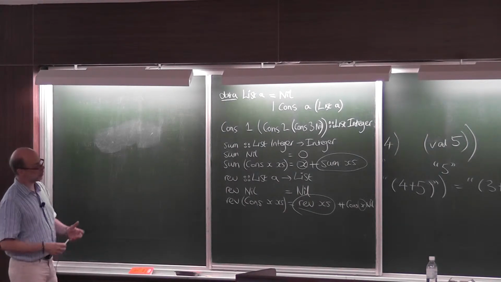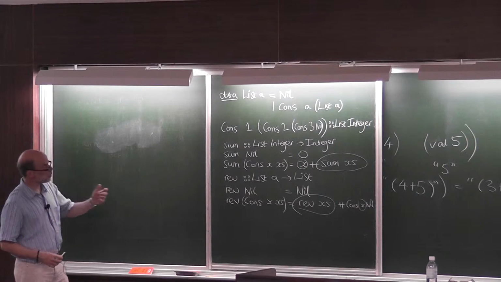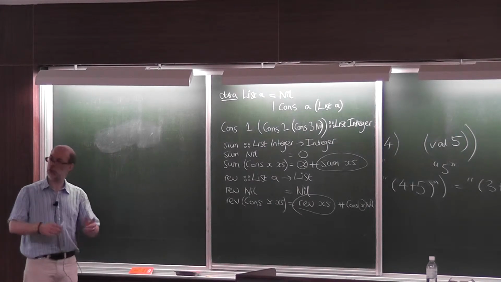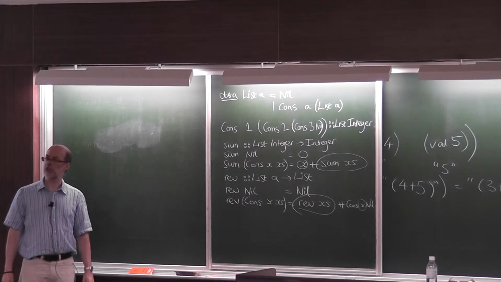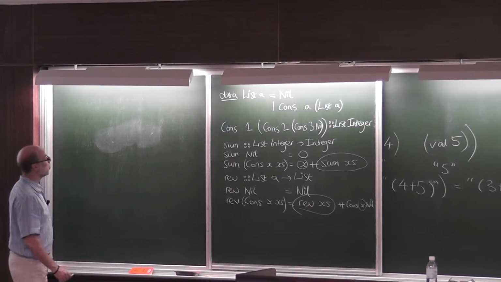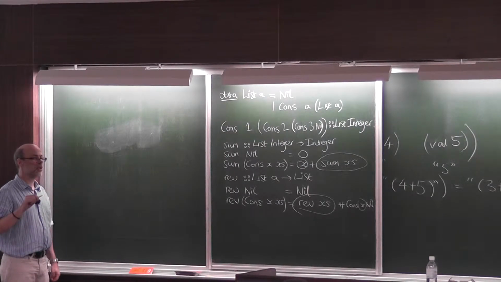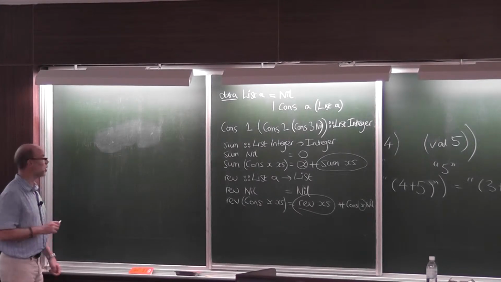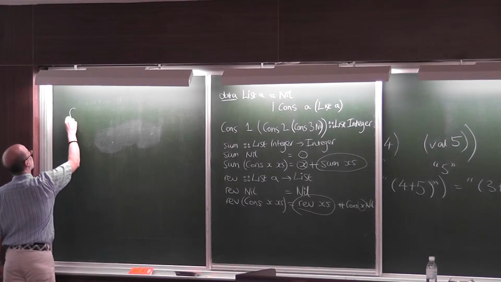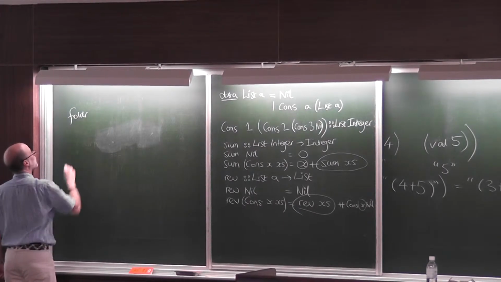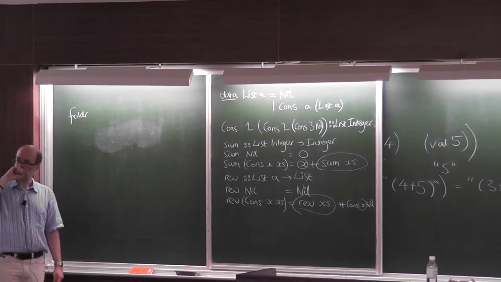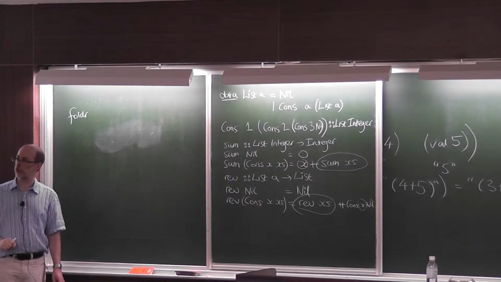Well, that's it. There's two clauses. There's one for the empty list and one for the non-empty list. So let's write what they have in common. And the traditional name for this function is foldr. And I'll tell you why it's called foldr in a minute.